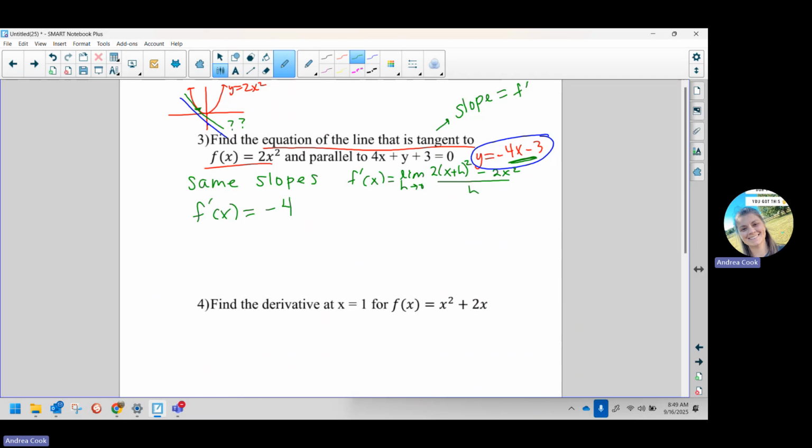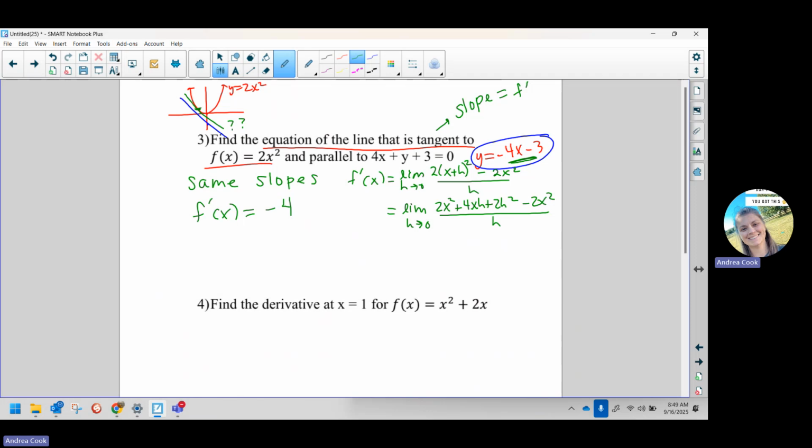Are we getting better at algebra yet? No, because I'm doing it and you're just copying it. Okay, I'm going to FOIL and distribute the two at the same time. I'm going to get 2x squared plus 4xh plus 2h squared minus 2x squared all over h.